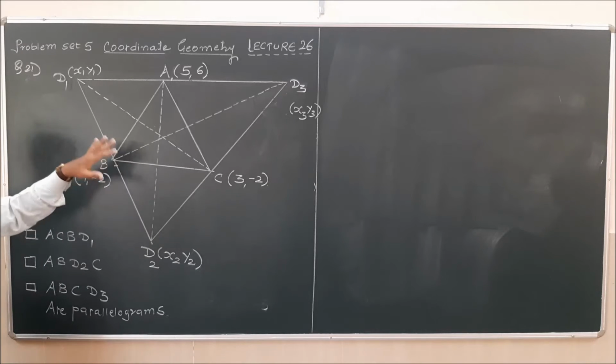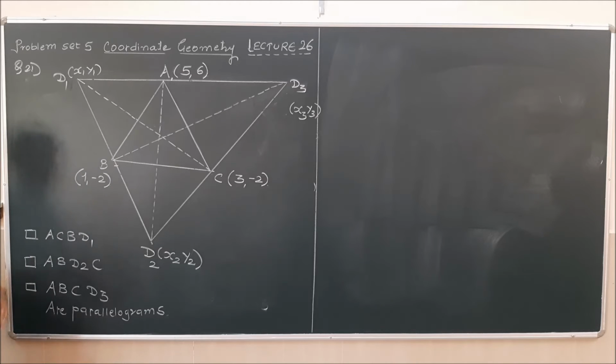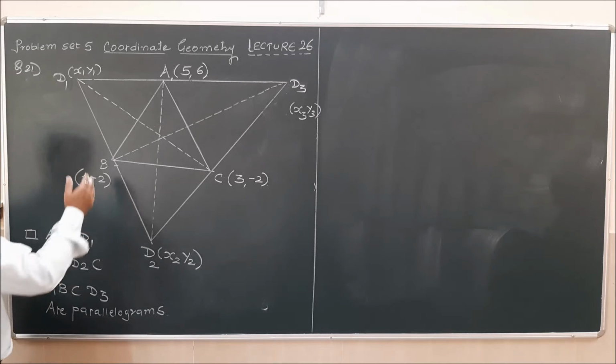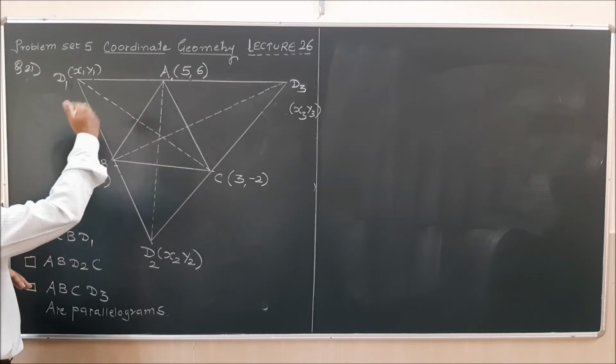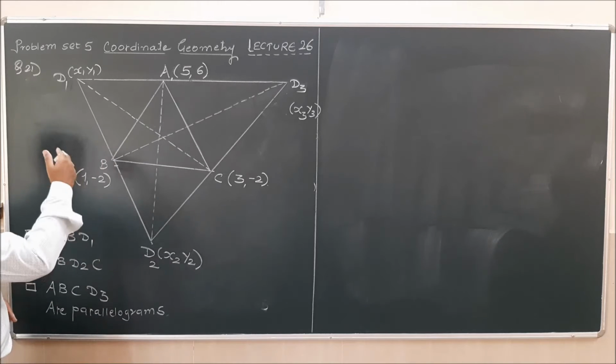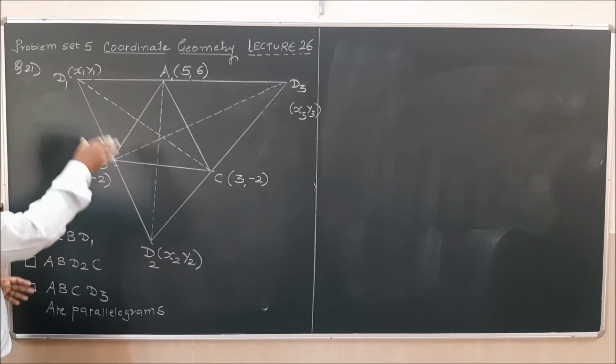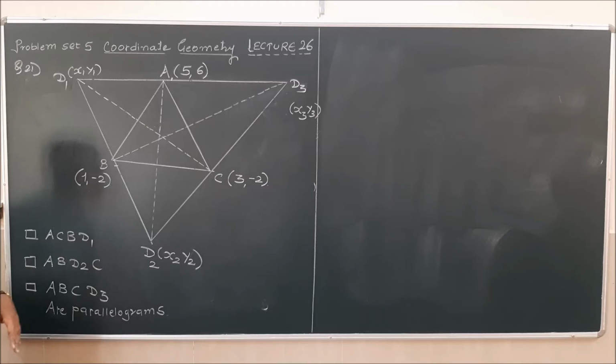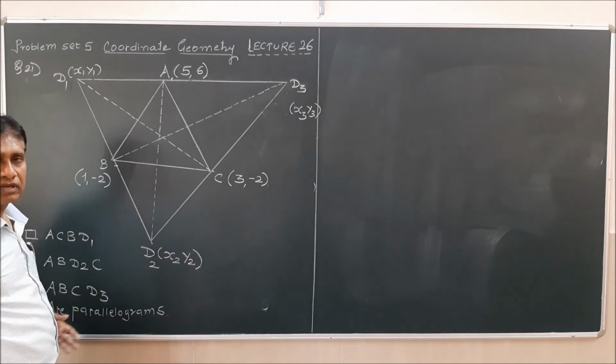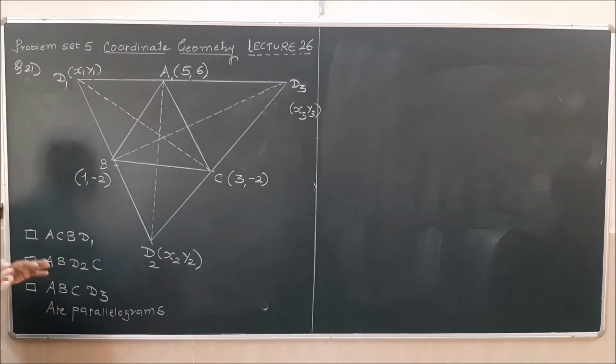The coordinates of ABC are given over there. In very simple language, if I take B, C and A as midpoints of the sides of this triangle D1, D2 and D3, then the segment joining the midpoints of two sides of a triangle is always parallel to the third side. That theory is used over here to get these quadrilaterals. So ACBD1, ABD2C, ABCD3 are parallelograms.